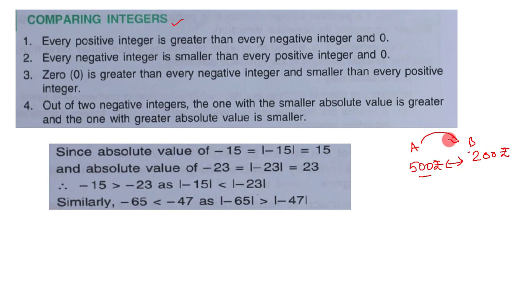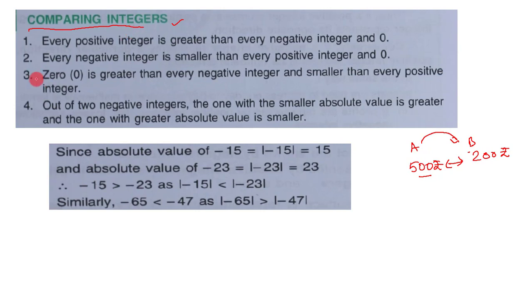This is what comparison means: what is greater and what is smaller. Deciding which is greater and which is smaller is what comparison is about. While comparing integers, there are four fundamental concepts that you need to understand.